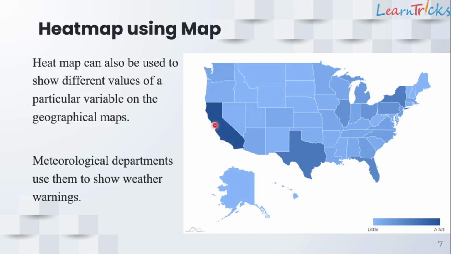As mentioned here, this is the darkest color, so the value is higher in this region, right? So by using this technique, we can handle more complex and higher-sized data.